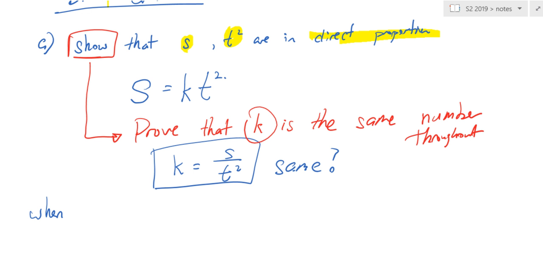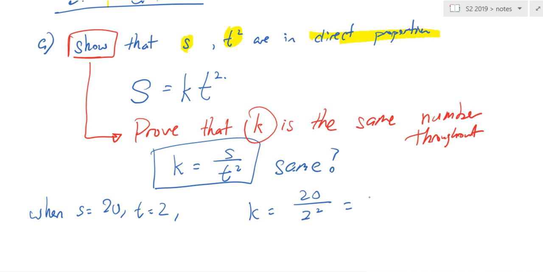Can you write down on your paper, when S equals to what? 20. T equals to 2. So you put it in. And what is this magic number? 5.